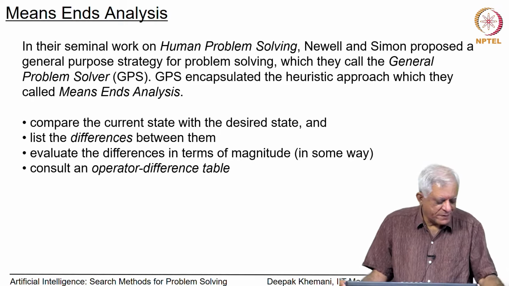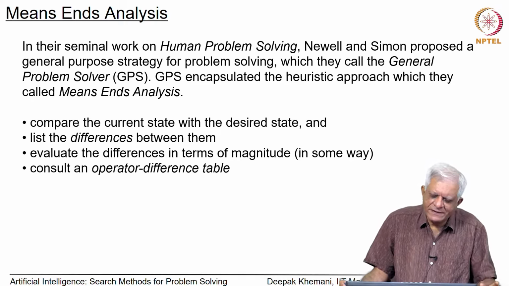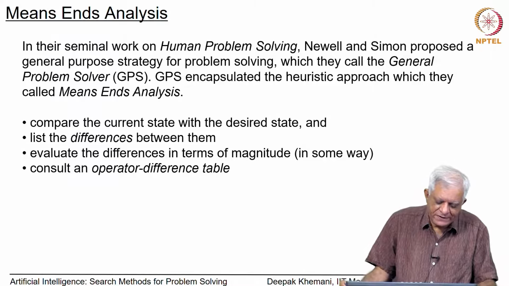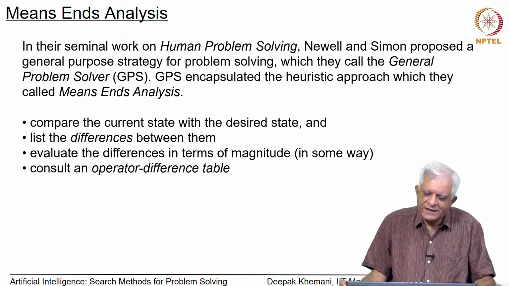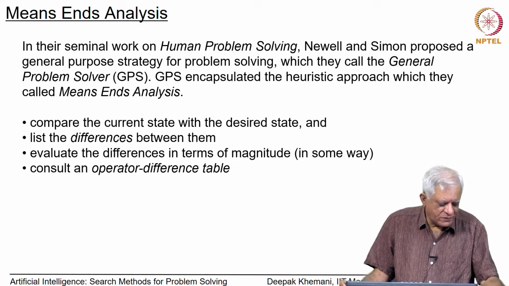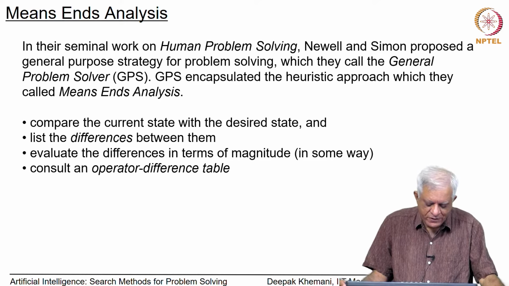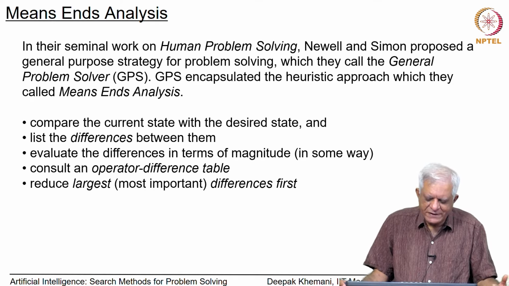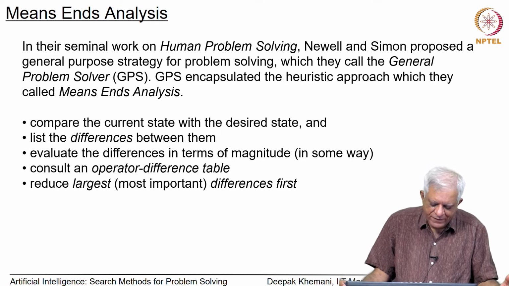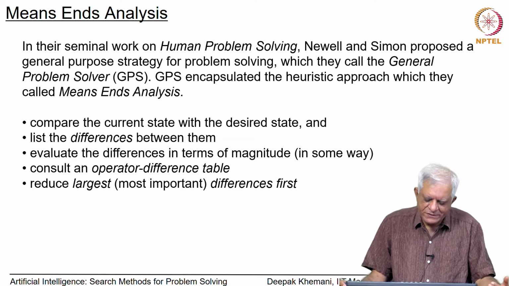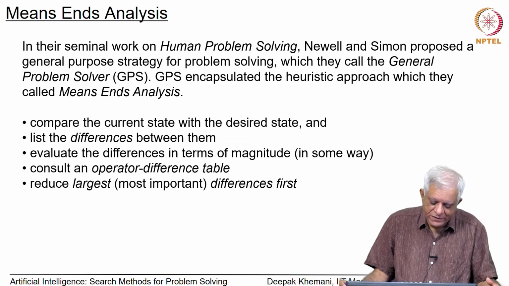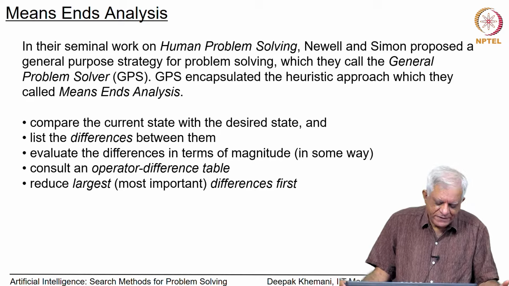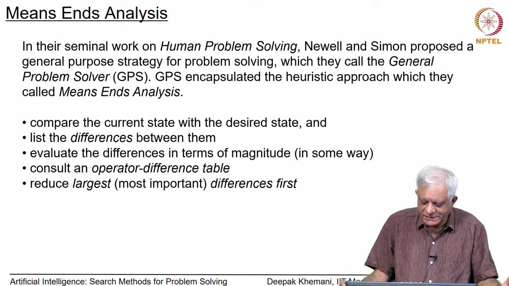For every kind of difference which exists between the start state and the desired state, there would be some operator, and you have to choose one of those operators to reduce that difference. We assume that there is a difference table or some kind of database which tells you what operators are used for reducing what kinds of differences. And the means-ends analysis strategy says that reduce the most important differences first and then look at the smaller differences.